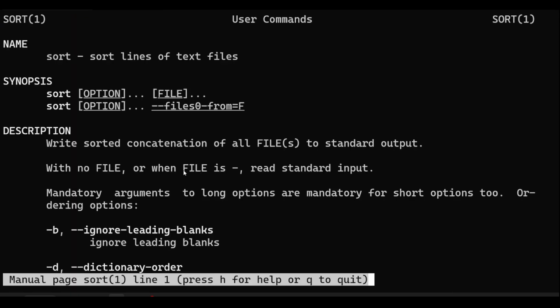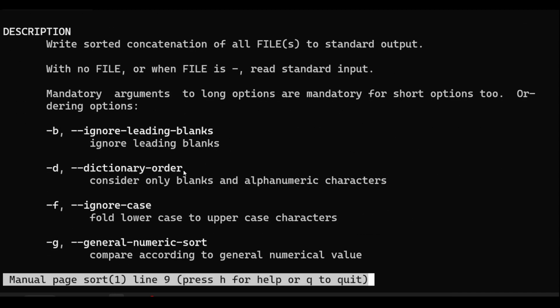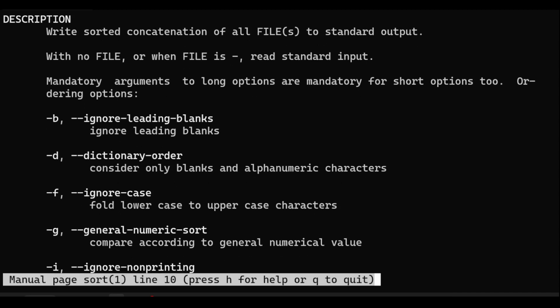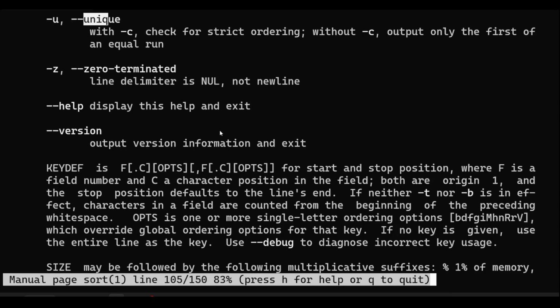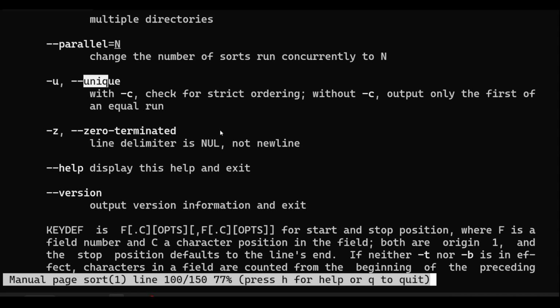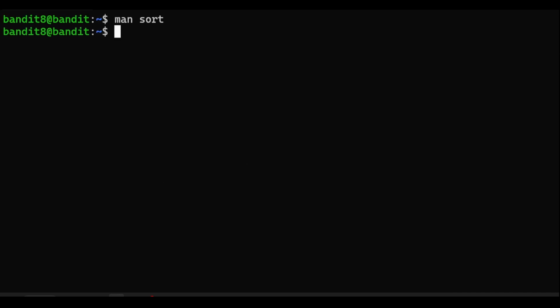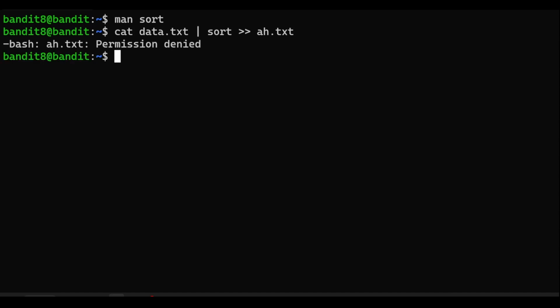Man sort. Okay. Cat data.txt sort r.txt and do that.